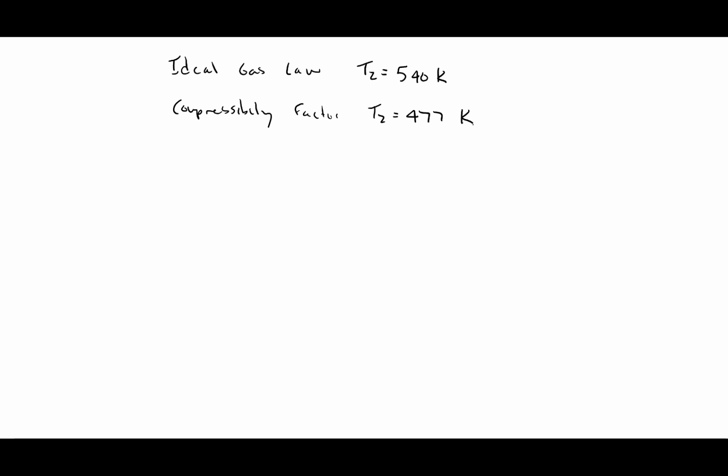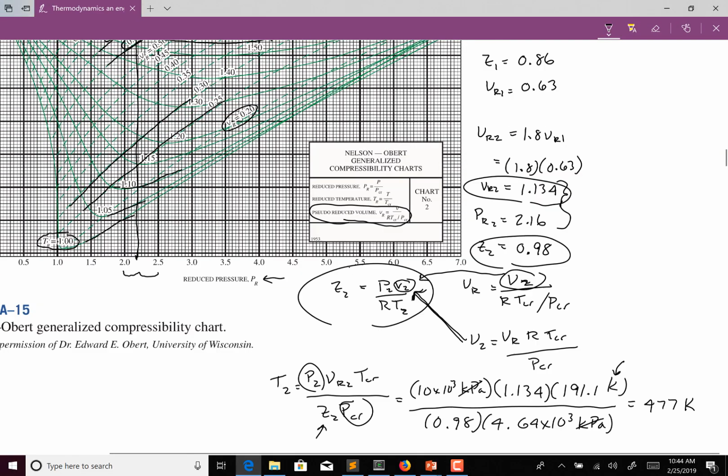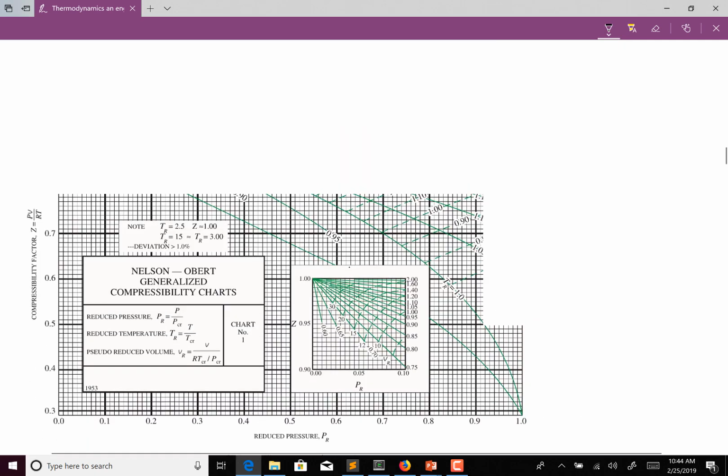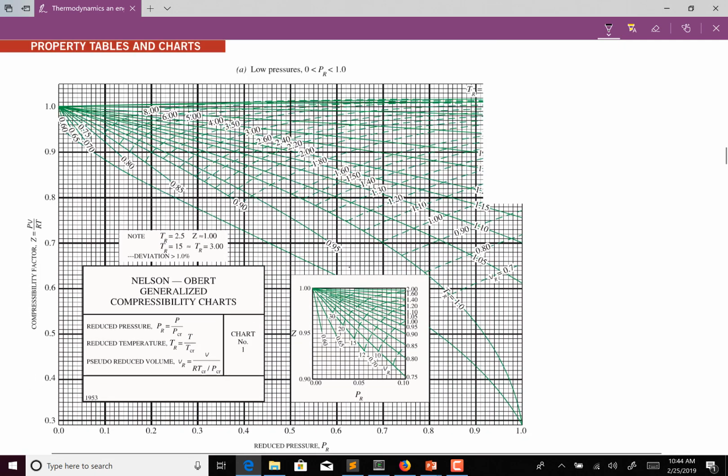Well, let's look at a few things. First of all, there's a few things from the compressibility chart. So let's go back to the compressibility chart. If at low pressures, so in other words, the reduced pressure is much less than 1, gases behave as an ideal gas.